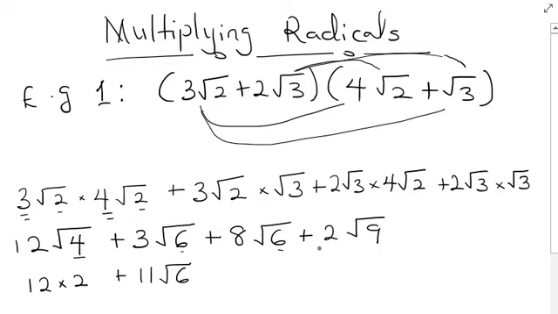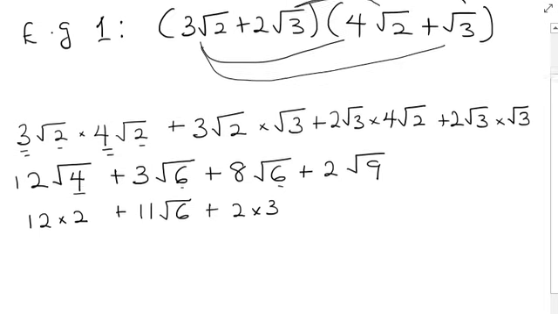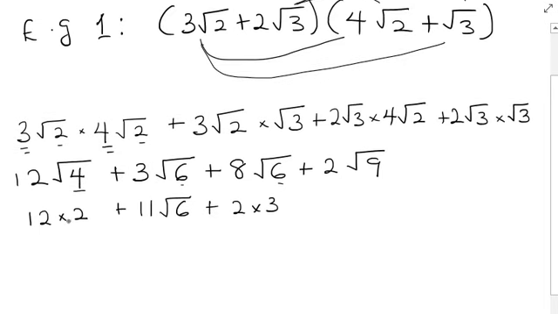Then plus, now the square root of 9 is 3. So that will be plus 2 times 3. Then we simplify further. 2 times 12 is 24, plus 11 root 6, plus 2 times 3 is 6.